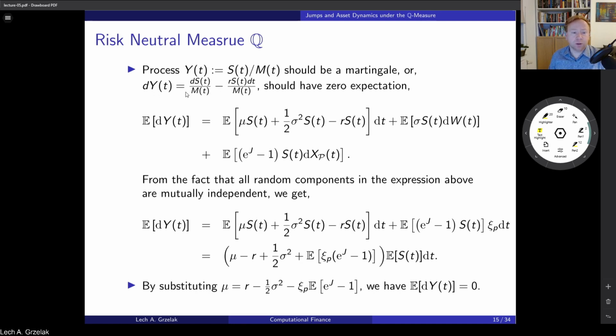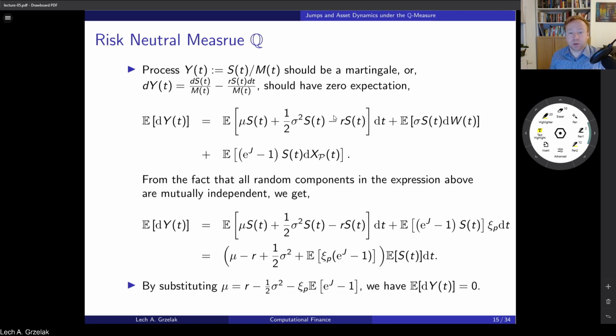By simply substituting, we can see that dY(t) is equal to dS(t) over M(t) minus r S(t) dt over M(t). We know that this quantity should have a zero expectation, which means the dynamics should not include any drift term. So the expectation of dY(t) should be zero.